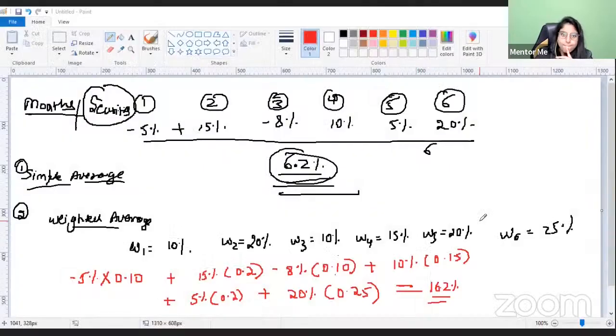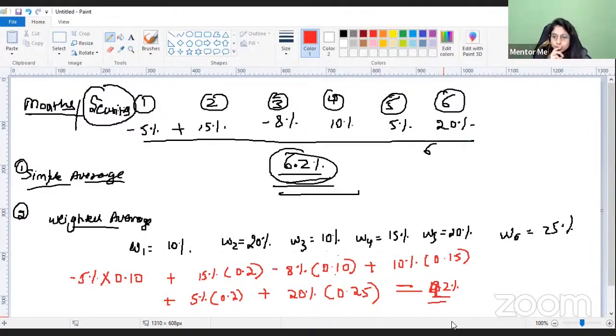So what we are getting is 9.2 positive, right? So what we can see here is that by allocating different amounts of capital to different types of securities, we are able to increase our return by 3%, right? As far as the simple average was concerned, that can be considered as equal investment to all the securities.